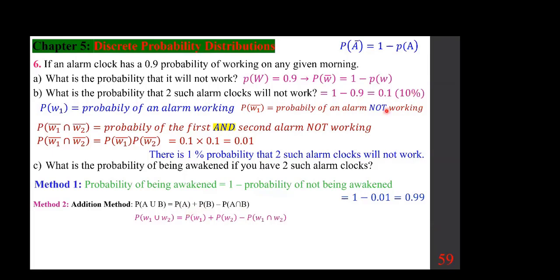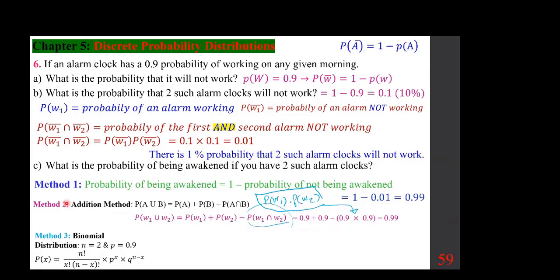Remember, 10% failure, 90% for this one, 90% for this one. Minus, now these two, we multiply P of W1, which is 0.9, times P of W2, which is again 0.9. This gives you the same answer.